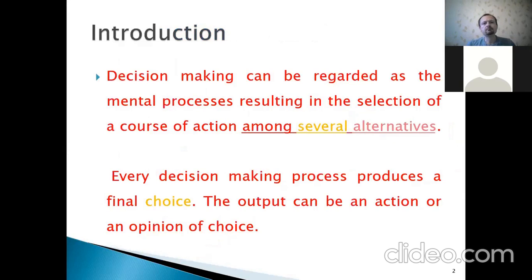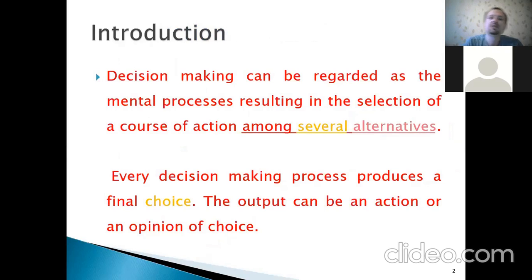That's why the decision-making process can be defined as some choice among several alternatives. I decided to mark by color these two words, several and alternatives.